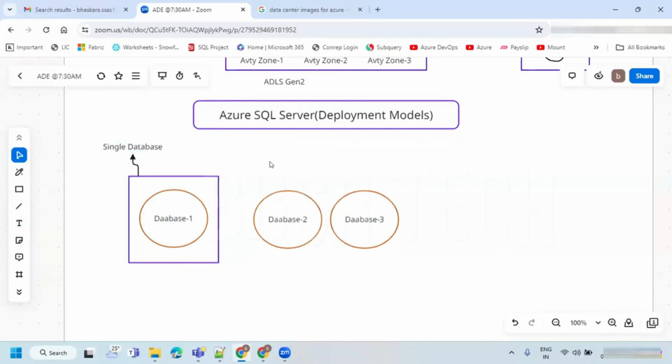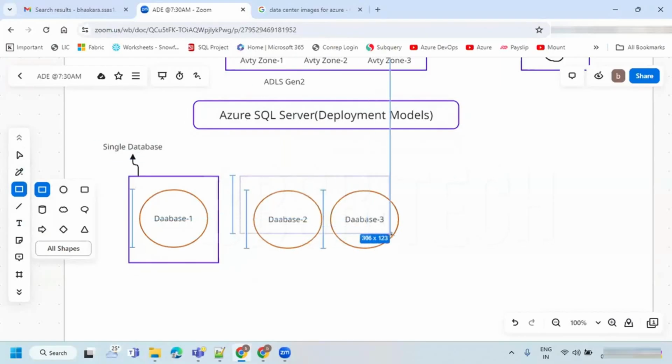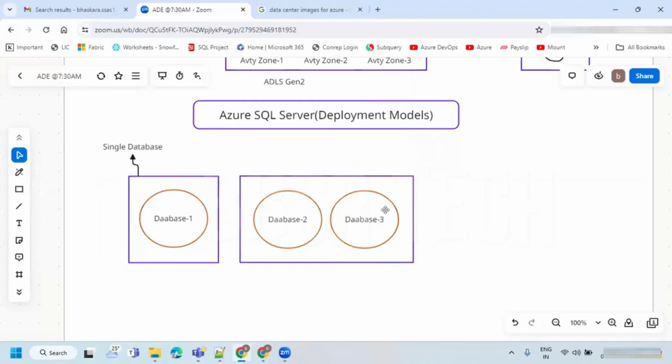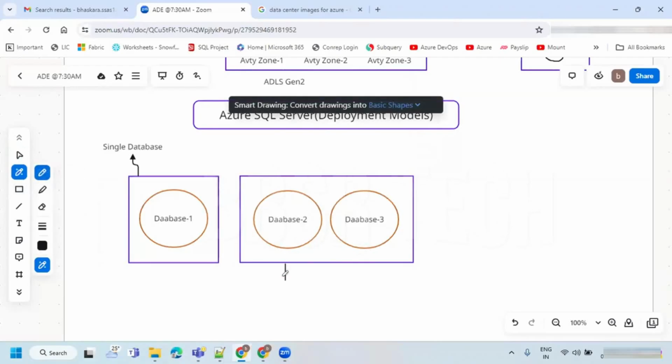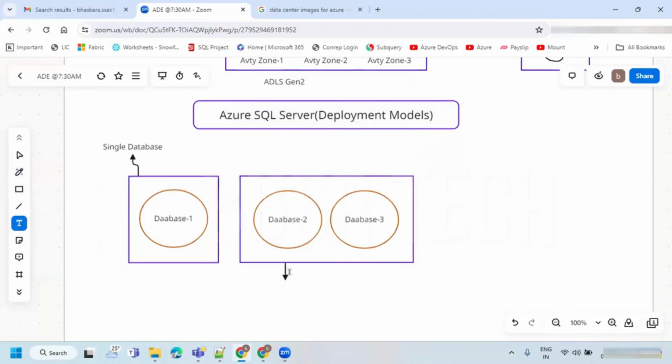And I'm going to keep these 2 databases in one box. This I want to call elastic pool databases.